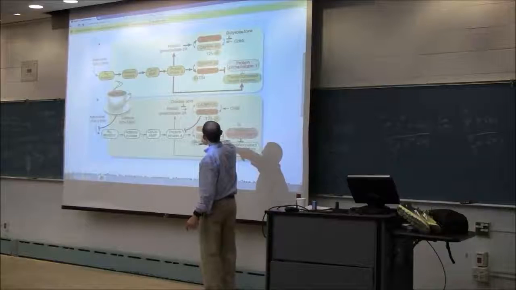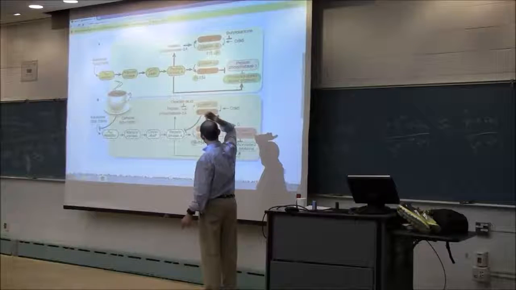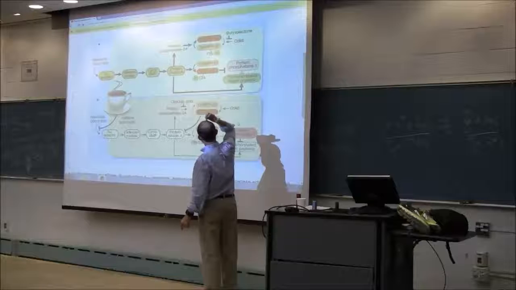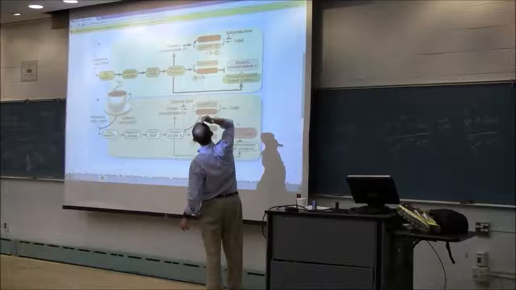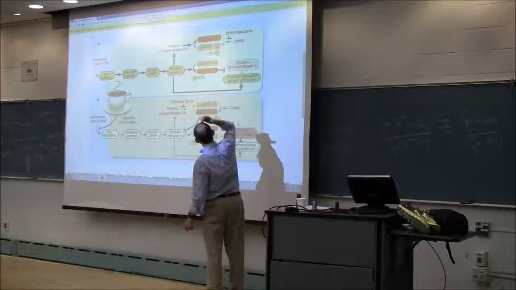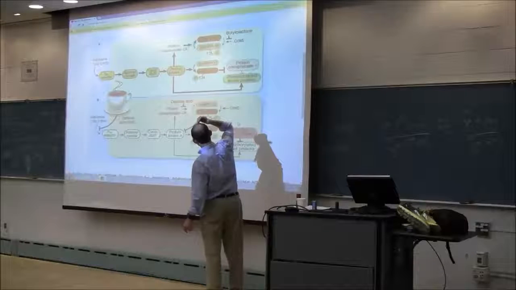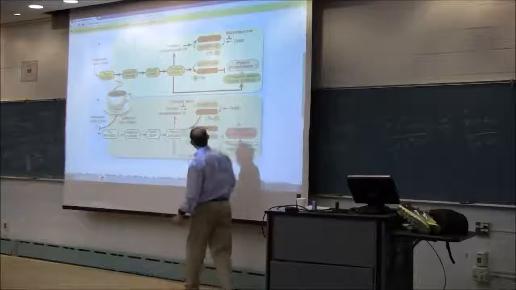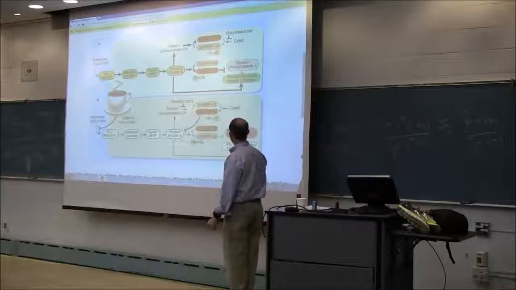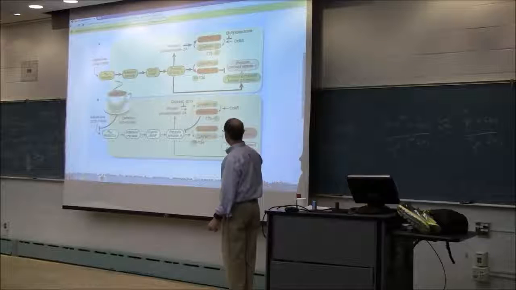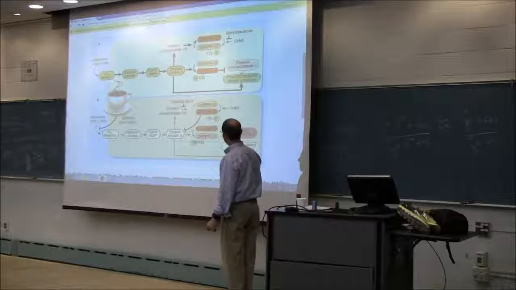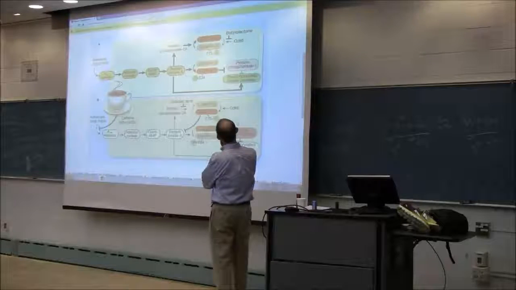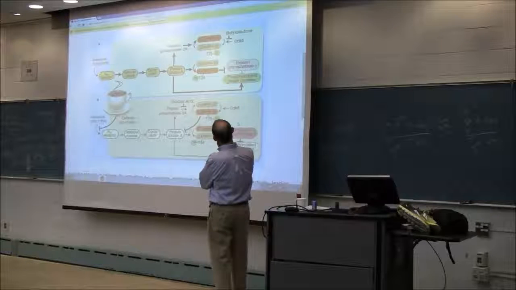So this branch of the pathway generates feedback, and so it generates feedback that here is shown as negative feedback on protein kinase A.